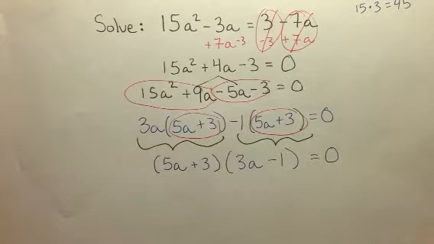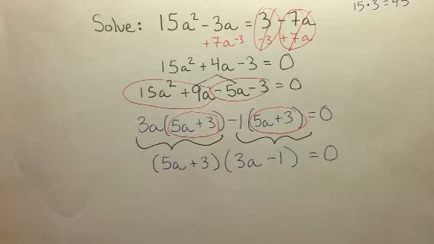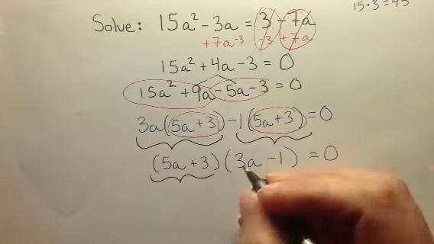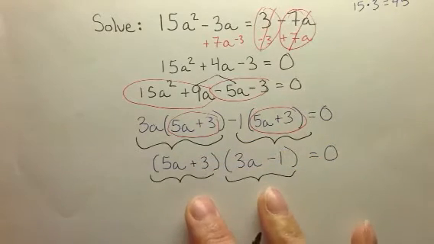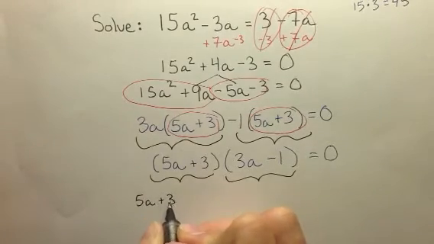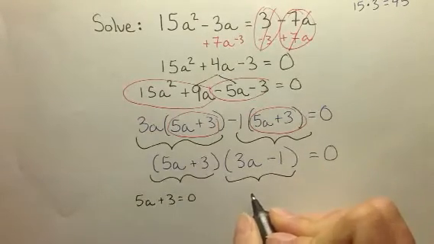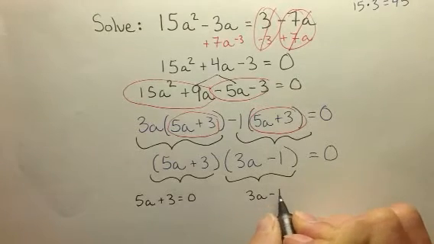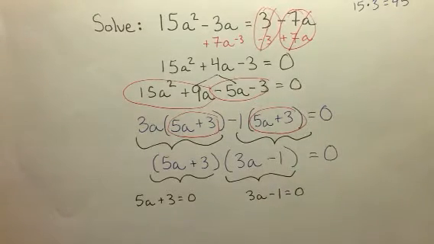Okay, so now my last step to solve here is I know that one of these has to equal 0. If this times this is 0, that means that either 5a plus 3 equals 0 or 3a minus 1 equals 0.